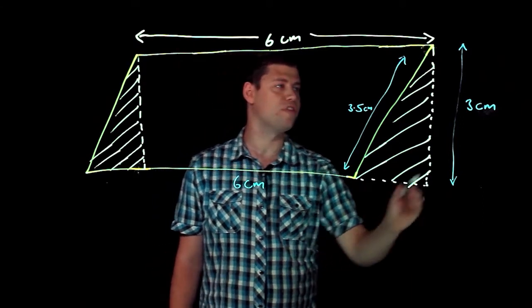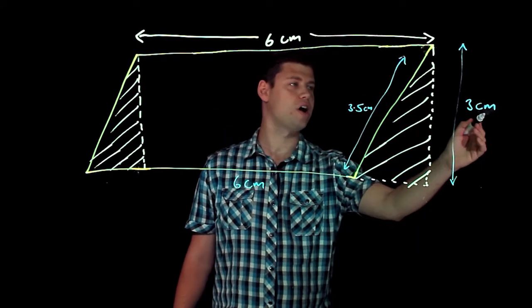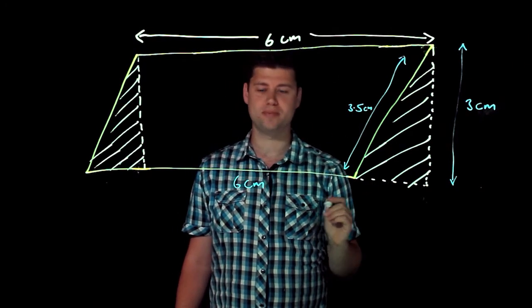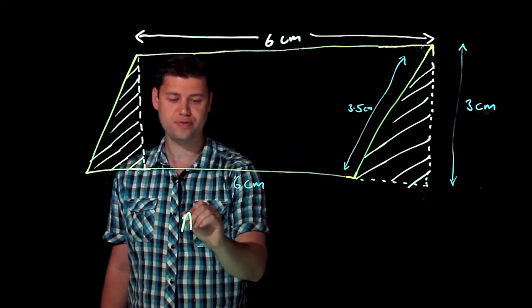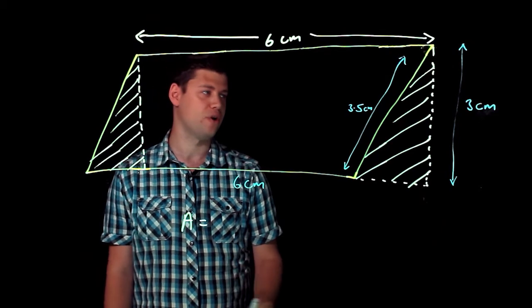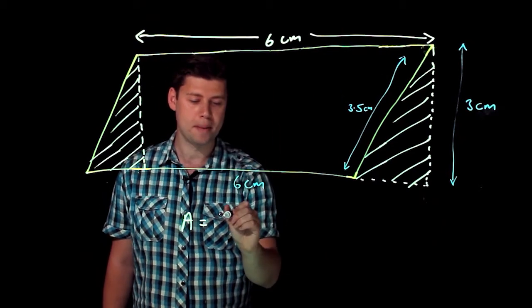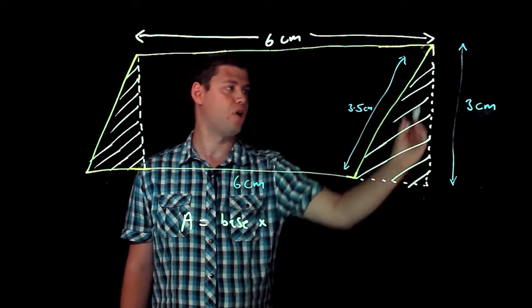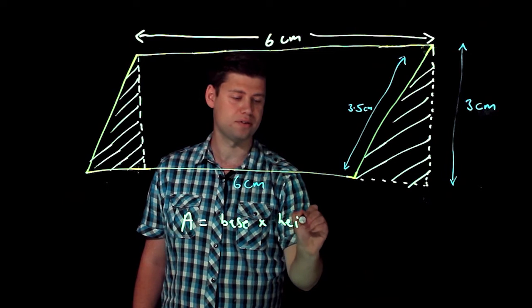We already know what the height is of the parallelogram, it's 3 centimetres, and we know that its width is 6 centimetres. So to find the area of the parallelogram, it's essentially going to be the base times by the height.